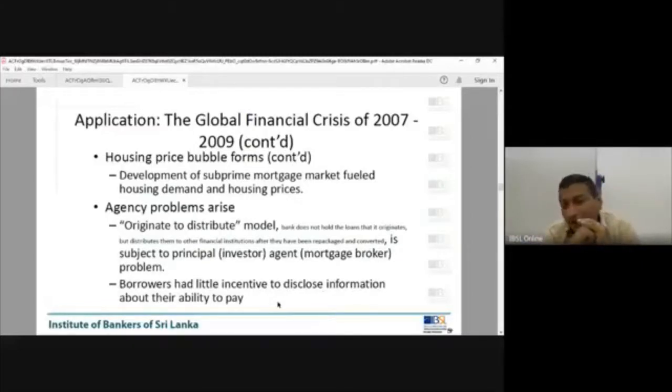So even the financial intermediaries during this period were not worried to see whether the person who is borrowing from them or mortgaging these assets with them is capable of servicing this loan, whether he has permanent employment.